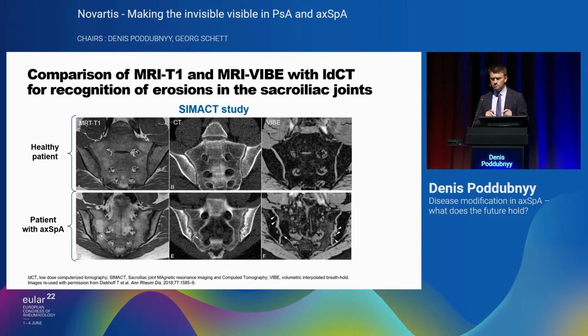The so-called conventional sequences like STIR and T1 have limitations. Because if you have a lot of sclerosis, it would be really difficult to differentiate between erosions and sclerosis, as depicted in the bottom line of this slide. You see a lot of dark signal. It's hard to say whether there are erosions there or not.